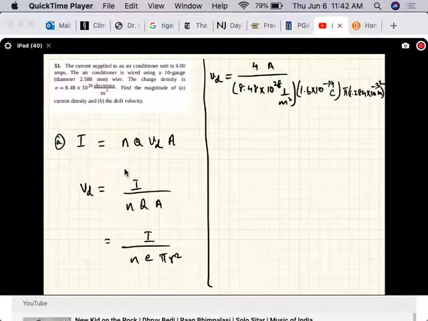Alright, so let's take care of powers of 10 first. That's 28 minus 19, that's 9. And 9 minus 6 is 3, and we'll bring that to the top, so that will become 10 to the minus 3.